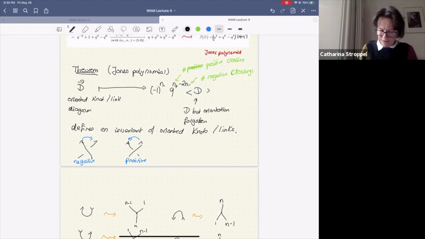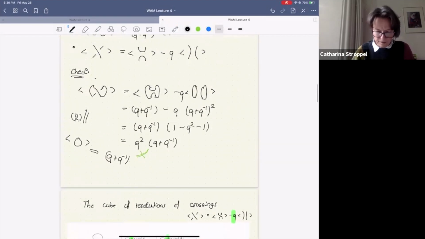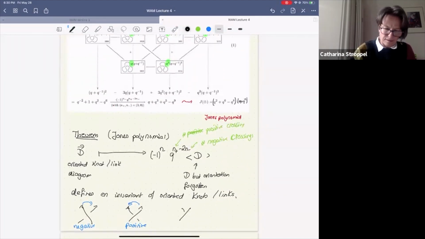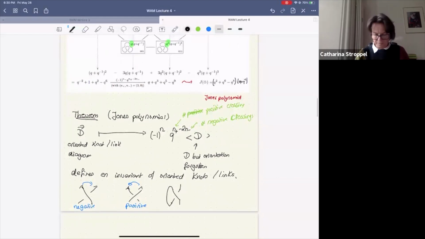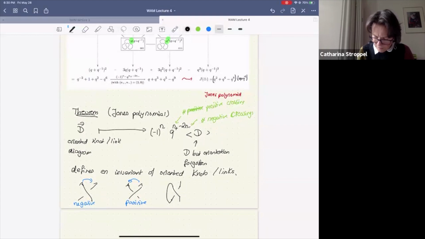So let's look at this example, which we had upstairs. Which one did we have? We had this guy here. And let's do this orientation. So this would be a negative crossing.